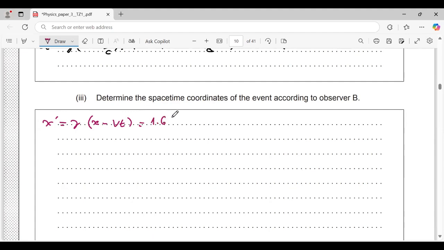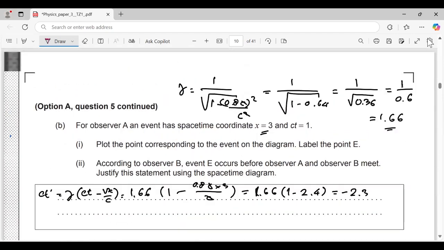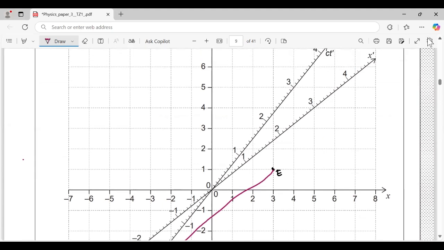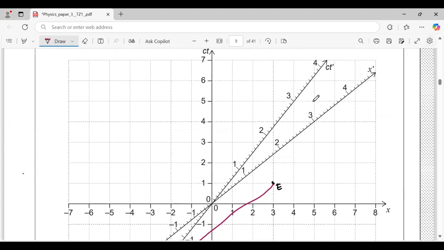So it becomes 1.66 times (3 minus 0.8 multiplied by 1), and if you calculate, the result is 3.7. 3.7 on the x' axis is 3, 4, 5, 6, 7. This one.